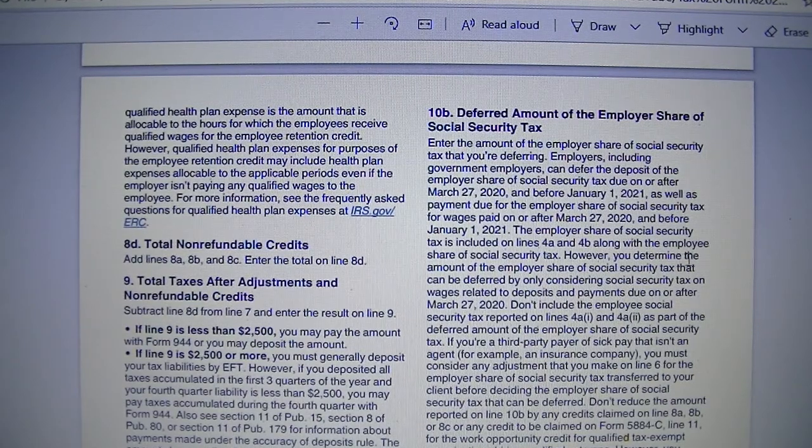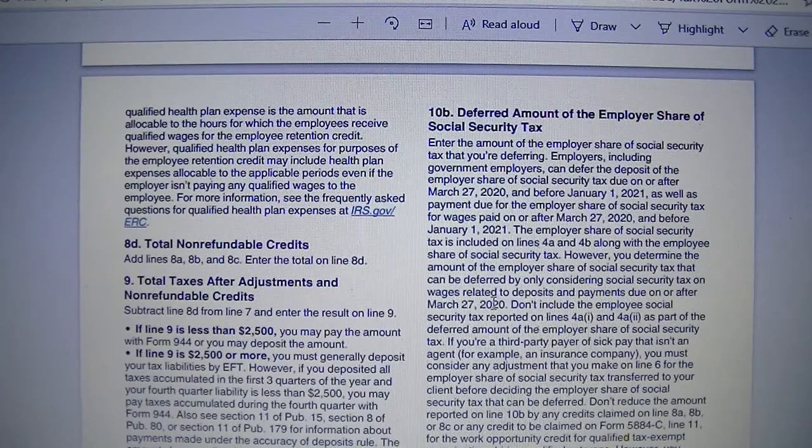However, you determine the amount of the employer's share of Social Security that can be deferred by only considering Social Security tax on wages related to deposits and payments due on or after March 27, 2020.